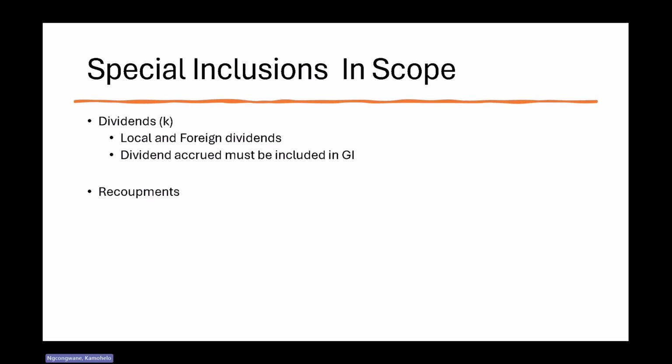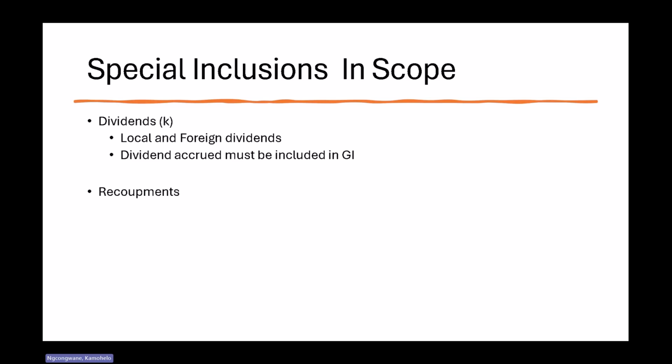That's the process that you need to follow when you're thinking about how you deal with a scenario and how you answer a question when it's put in front of you. You go through your thought process. Do I include this as part of gross income? Yes or no? If the answer is no, do I include this as part of my specific inclusions? If the answer is yes, include it in gross income.